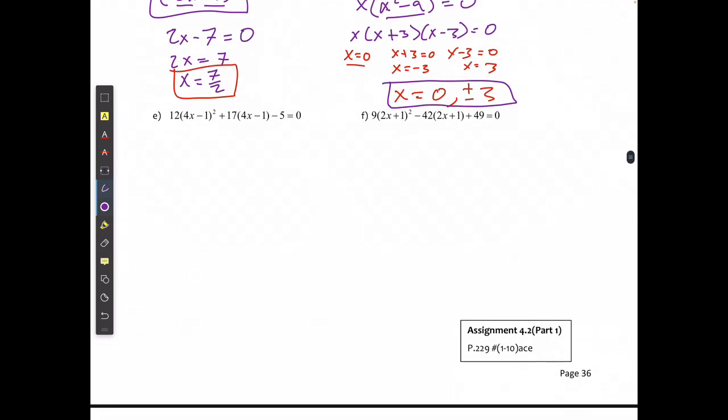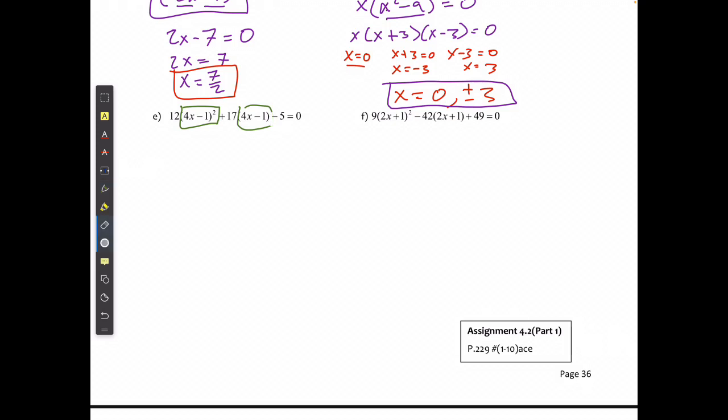For examples E and F, these are ones that people really struggle with. This is when the term or the variable is actually a binomial itself. So as opposed to just having x squared and an x and a constant, now I have a binomial squared and then a binomial and then a constant.